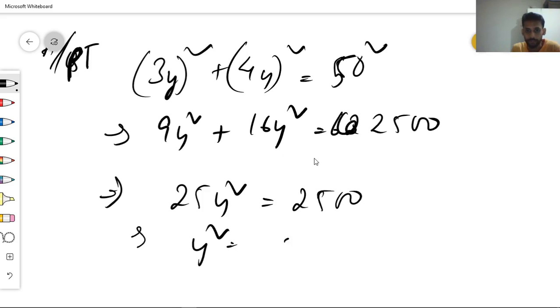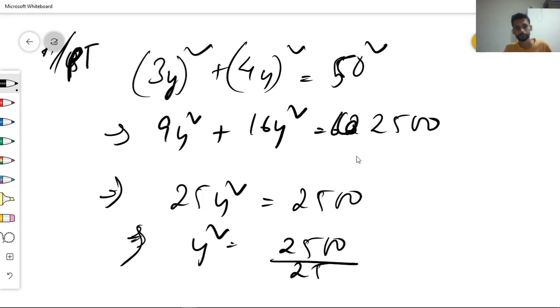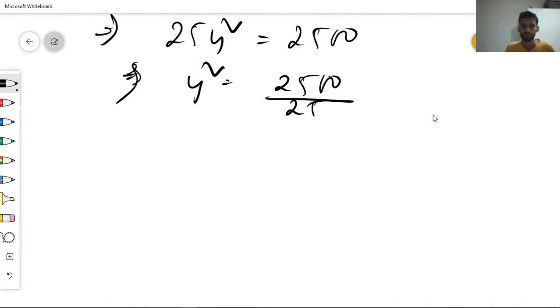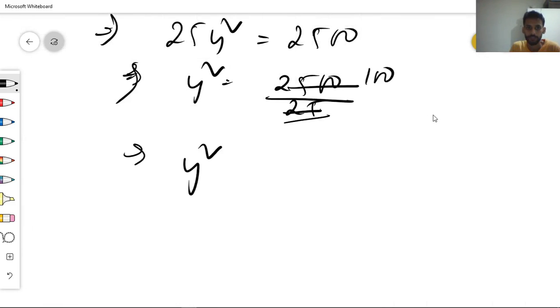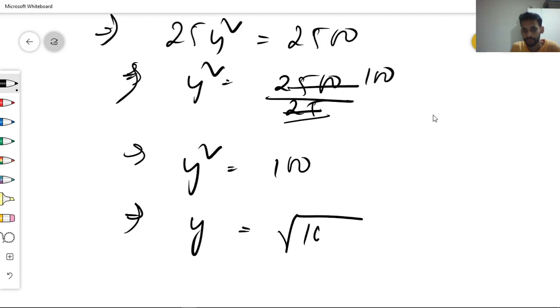So y square will be 2500 by 25, so here it will be 100. So y square will be 100. Now y will be root over 100.